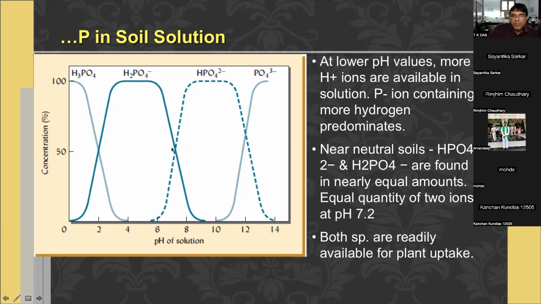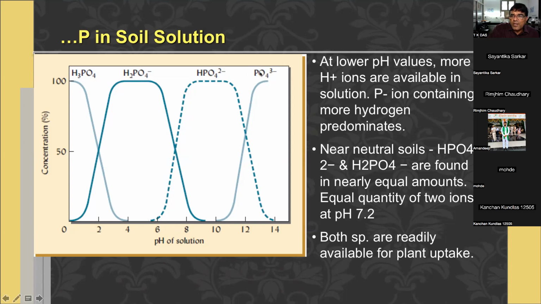Then HPO4 starts increasing at pH 6, and at 8 it reaches maximum. After 8 up to 12, you have mostly HPO4. Then phosphate starts at about pH 10 or later, and phosphate is there.